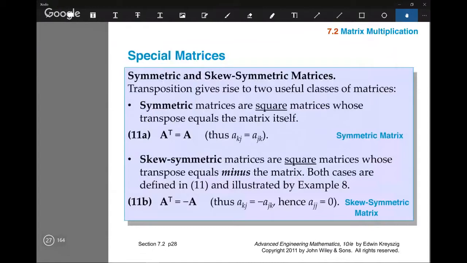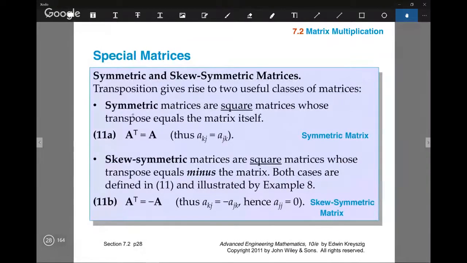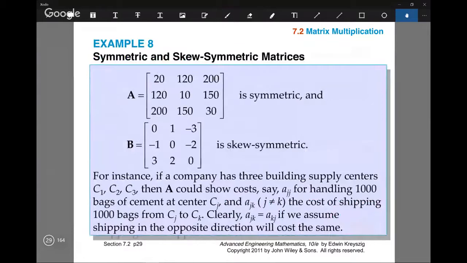Okay. Now let's look at some special matrices. So symmetric and skew-symmetric matrices. Symmetric matrices are those whose transpose are the same as the matrix themselves. As an example, this is a symmetric matrix. This element is the same as this element, this one the same as this one, right? And the diagonal elements remain the same when you transpose them.